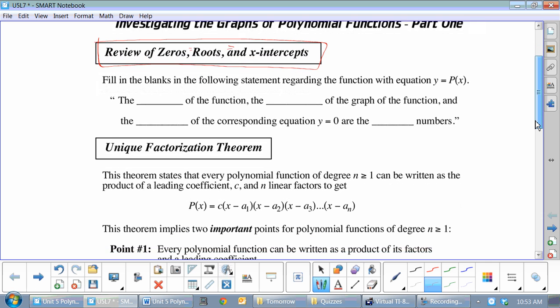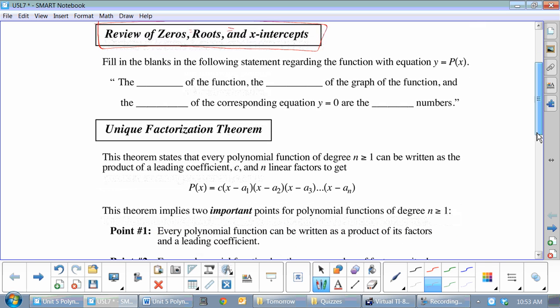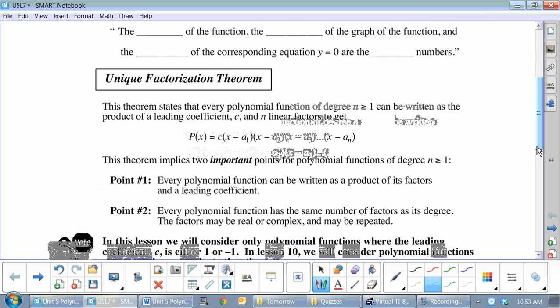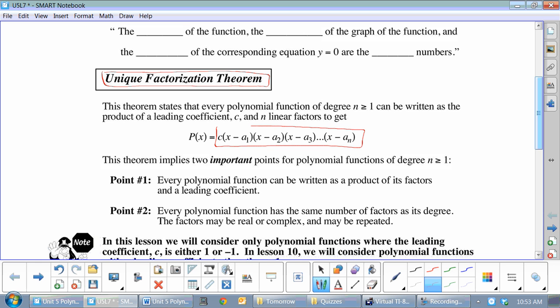And today you're going to learn a fancy name for something you've known all along. Now, the unique factorization theory is, basically, whenever you factor, you're going to get something like this. And we just did that on the last quiz we wrote. Now, basically, there's 2 points to it.